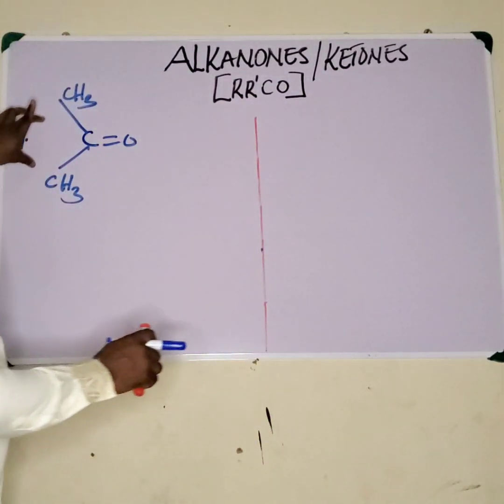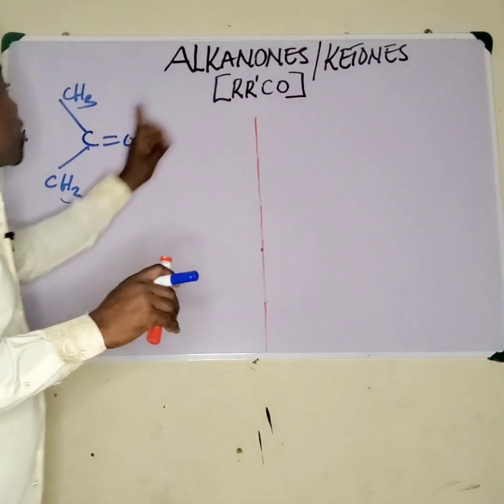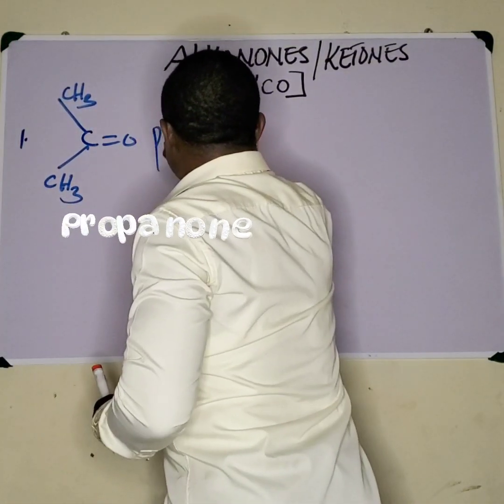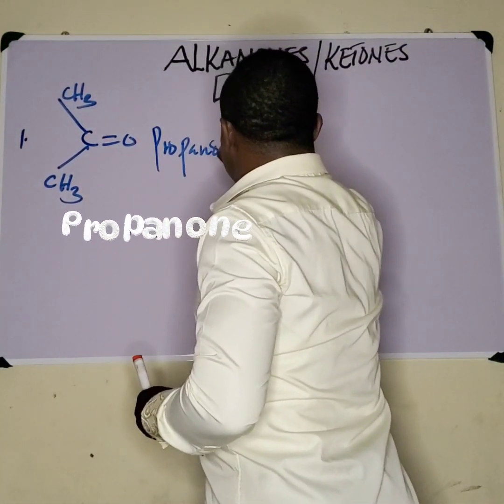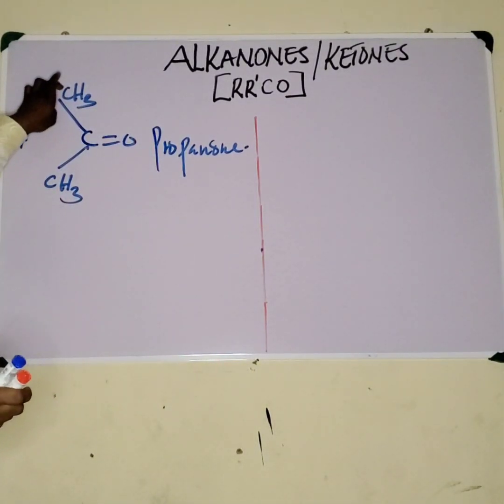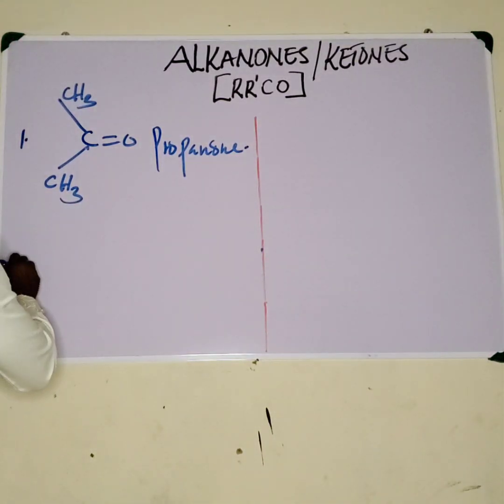But here, the first group member in alkanones or ketones is propanone. Propanone, 3 carbon atoms.